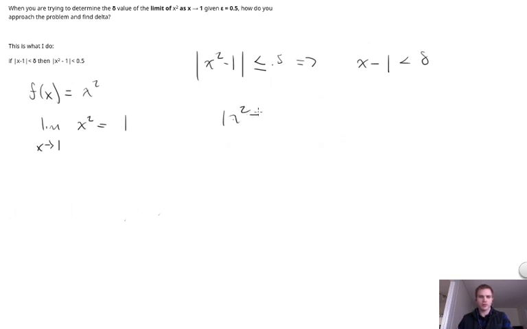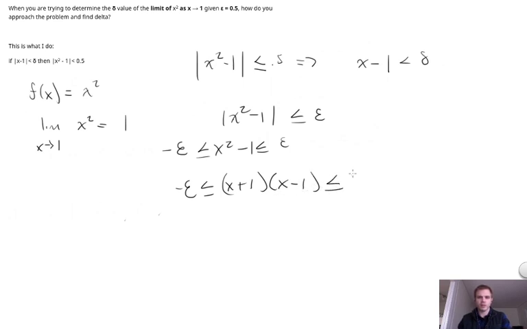So x squared minus 1 is less than or equal to epsilon, and so this means epsilon is less than or equal to x minus 1, and so this is what we want to get at, so we need to figure out how to limit that. So since x is approaching 1, x should be very near 1.